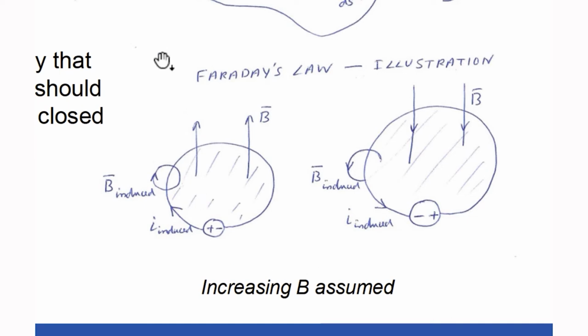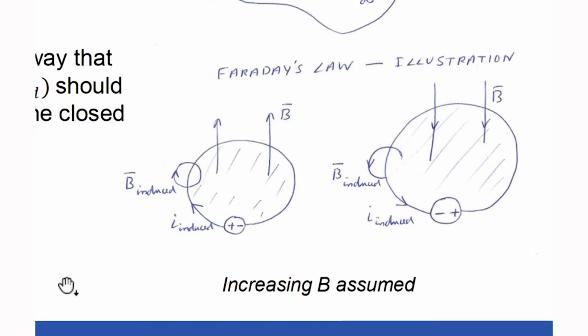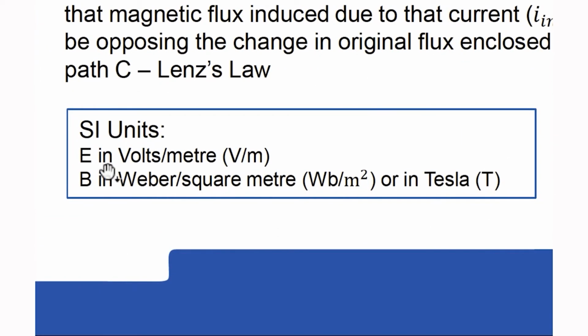So in the modeling of the magnetic field interaction, you'll be using this principle. Now let us look at the units here. E is in volts per meter and B is in Weber per square meter. So Weber per square meter is also called Tesla. So these are the SI units.